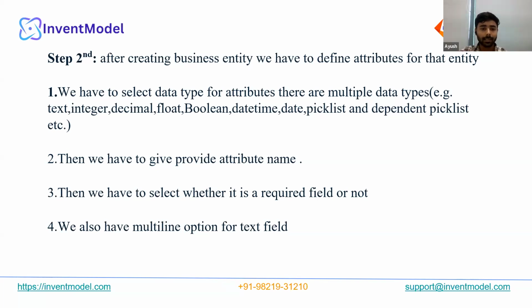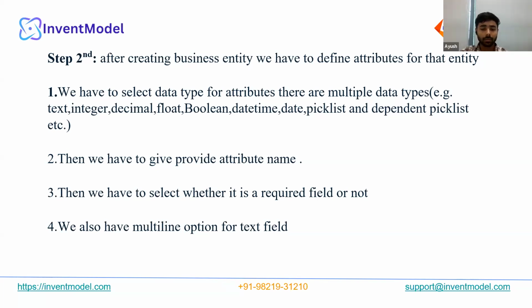Then after selecting the data type, we provide the column name and attribute name, and then we do different configuration. We have to select whether it's a required field or not. If we integrate this with Customer 360 and this field is required, then if we do not provide a value for this field, it will throw an error.